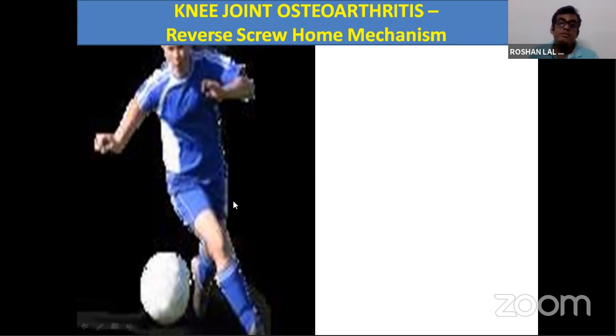So in patients with osteoarthritis, there is reduced external rotation of the tibia, so the patient is not able to lock the knee joint. To compensate for this, the patient rotates the femur medially.